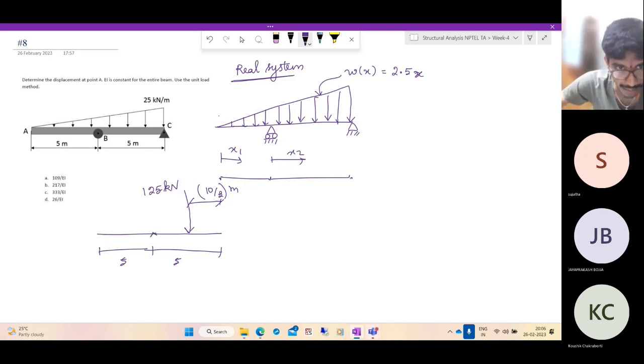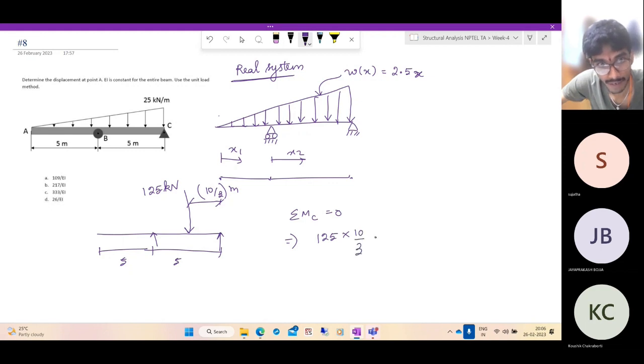And we have the support reactions here, so it's easy to find out. Take moments about the point C. We get 125 into 10 by 3 minus the reaction at B acting through 5 is equal to 0. You get the reaction at B as 125 into 2 by 3, so it is 250 by 3.